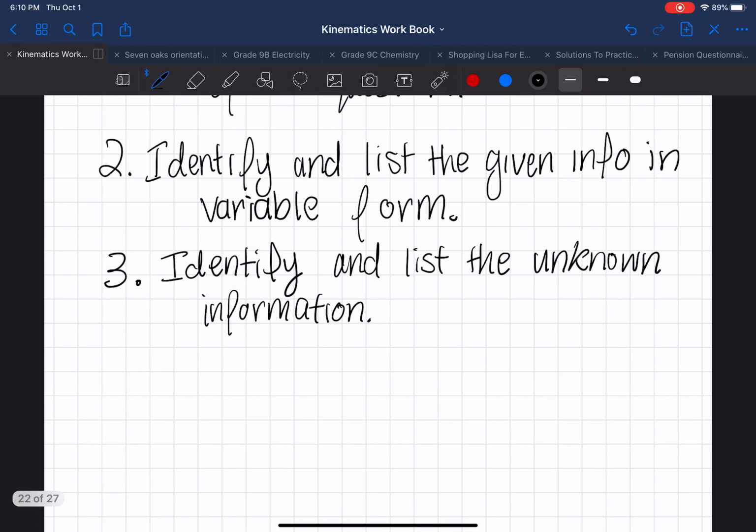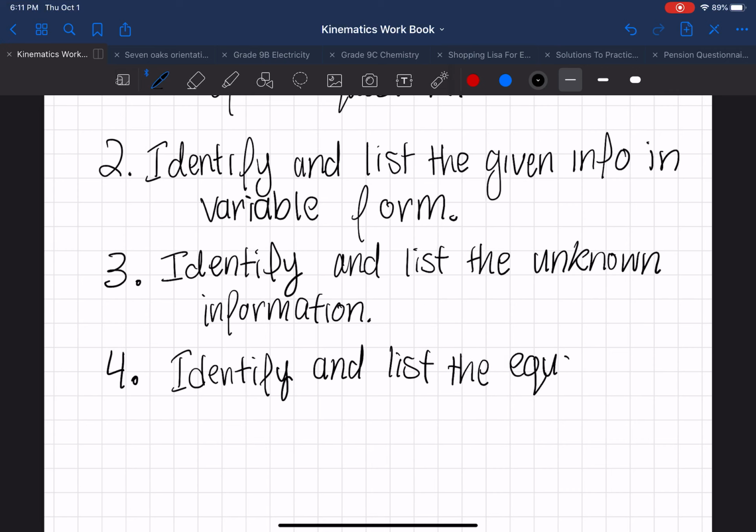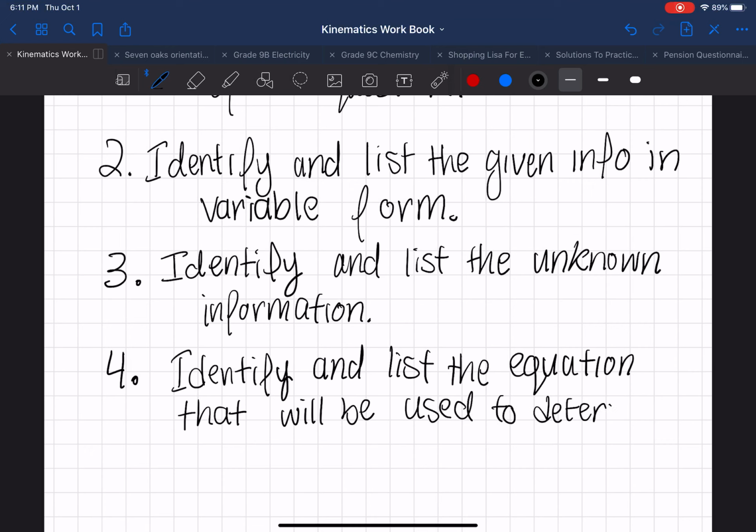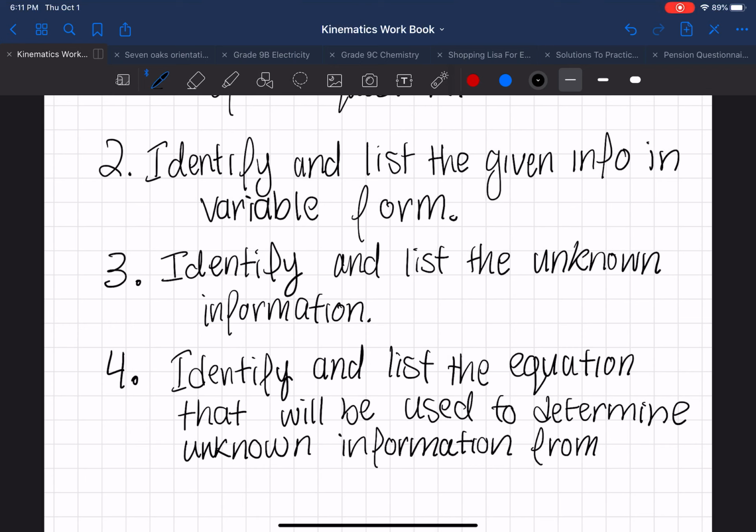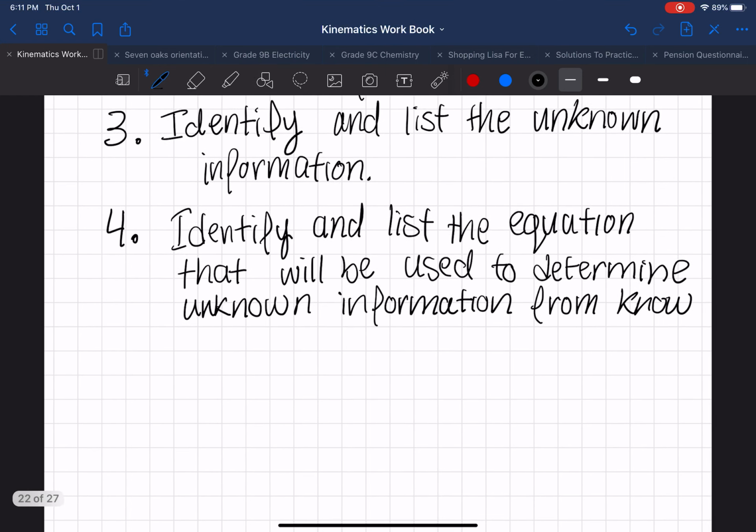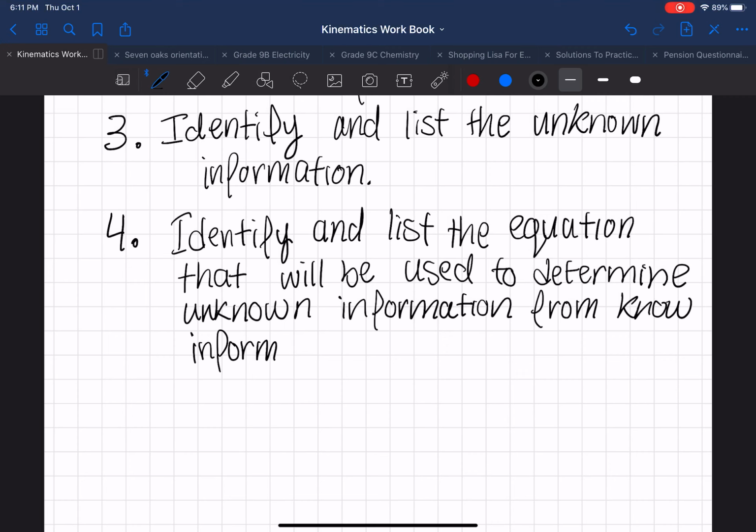And then step number 4, you want to identify and list the equation that will be used to determine unknown information from known information.